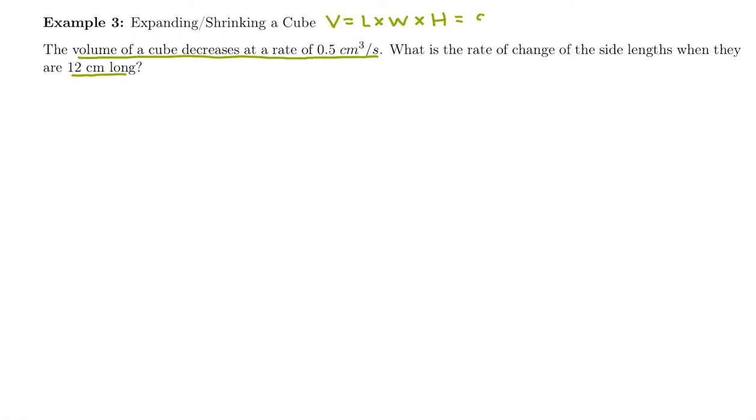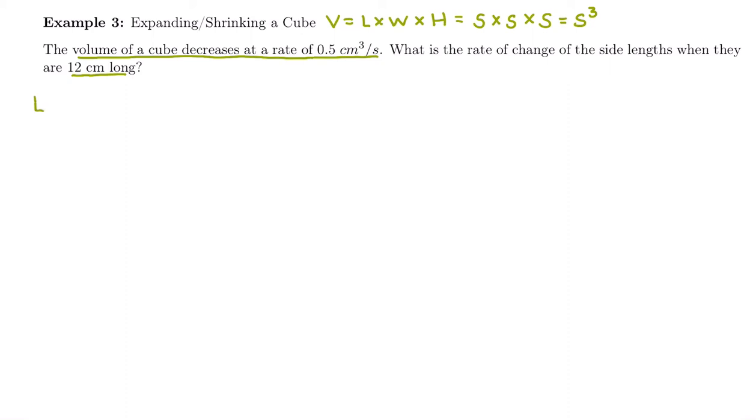So the length side is going to be equal to the width side, which is also equal to the height side. So these are all the same number, and when you do s times s times s, that's the same thing as s cubed, right? 2 times 2 times 2, a faster way of writing that is 2 to the 3rd power. So this is going to be s to the 3rd power.